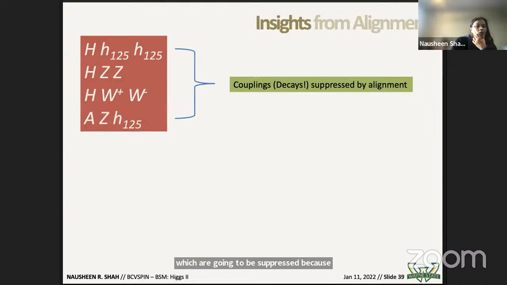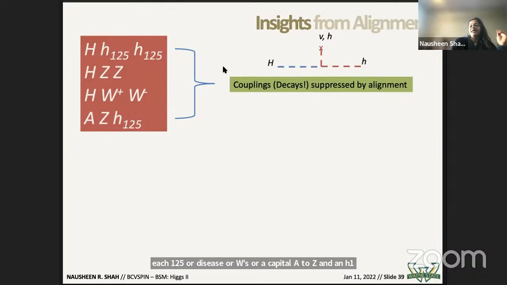So for example, all of these that I list over here. The capital H and capital A, again, are the additional Higgses, right? Their decays, for example, into a pair of H125s or Zs or Ws, or a capital A into a Z and an H125. These are all suppressed, okay? And that's very simply because if you look at this coupling, capital H to little h, right?